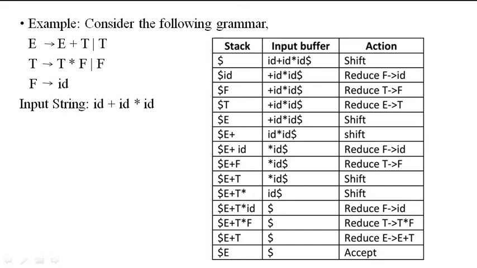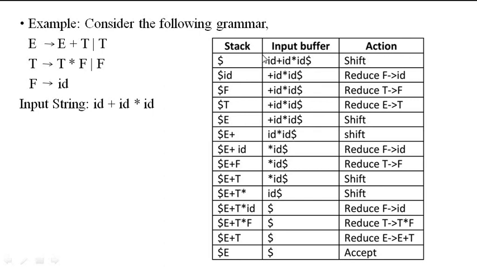Draw one table with three columns: first is stack, second is input buffer, and third is action, which action will be performed. First start with the $ sign in your stack, then your input string which is id plus id into id, and at the end of the string you have to put the $ sign.